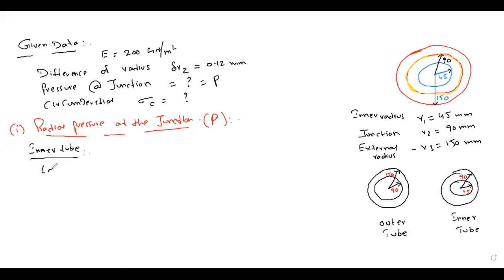So what are the Lame equations? The Lame equations are sigma r is equal to B by r square minus A, and sigma c is equal to B by r square plus A. Now in the inner tube, what are the boundary conditions?